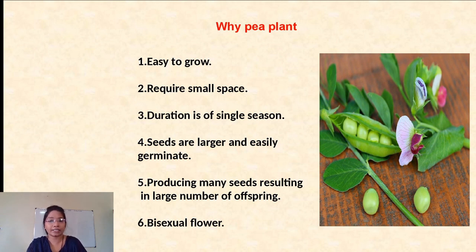The next reason is seeds are larger and easily germinate. Next reason is pea plant produces many seeds resulting in a large number of offsprings. This facilitates maximum chances of expression of character. One of the most important reasons is that pea plant is a bisexual flower, which means both sex organs are present on the same plant.